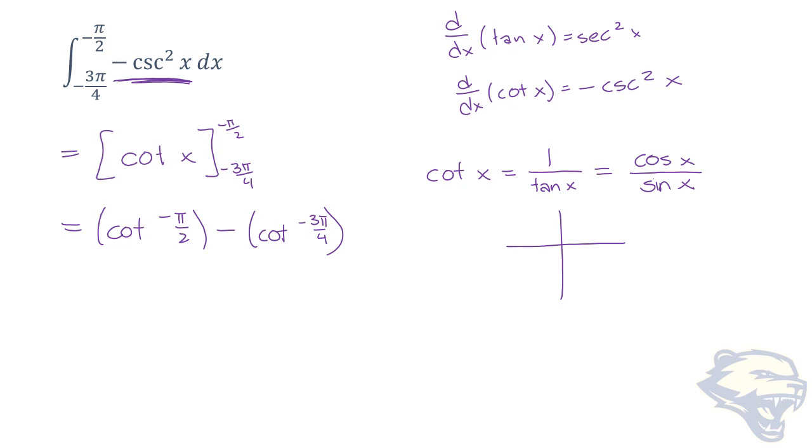Again, negative angles mean that we are going backwards, right? So down here at negative pi over 2, that means that I have gone down 1 unit, so that it's 0, negative 1, cosine, sine. Okay, so that means that the cotangent of negative pi over 2 is the cosine over the sine of negative pi over 2, which is 0 over negative 1, which is 0.